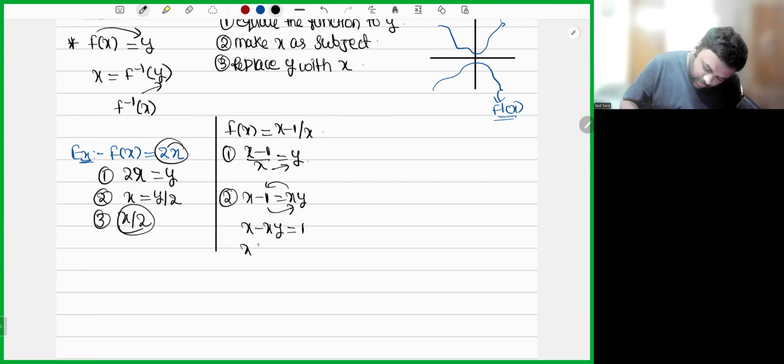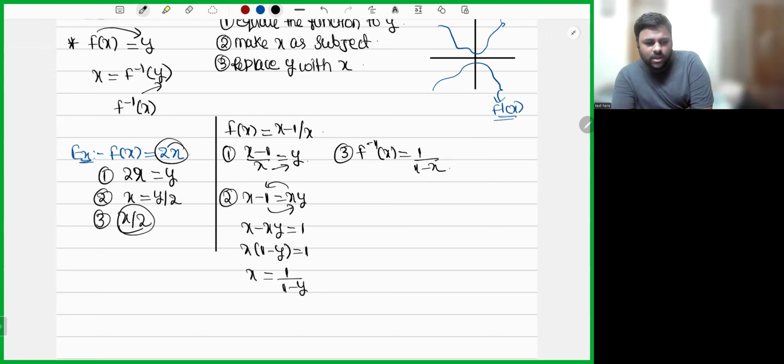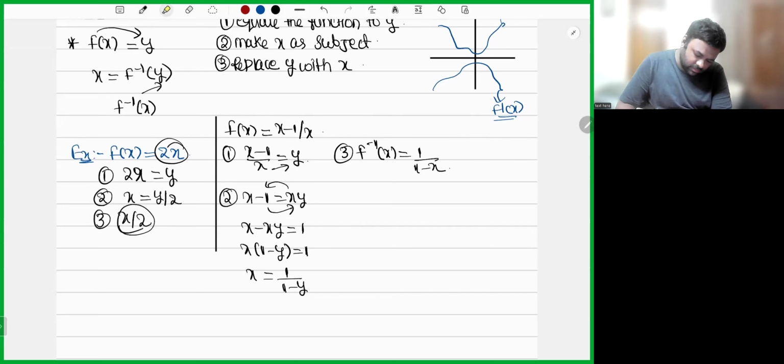Take x common. 1 minus y is equals to 1. X is equals to 1 divided by 1 minus y. Third step, replace y with x. F inverse x is equals to 1 divided by 1 minus x. Okay. This is how you do. This is first example. This is second example.